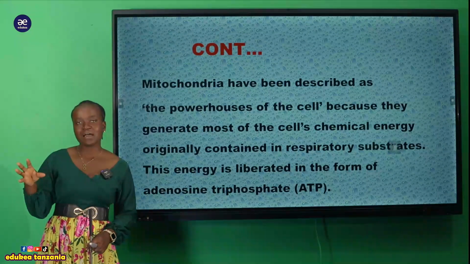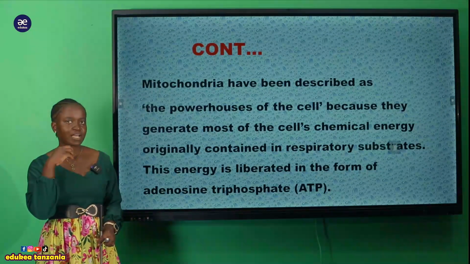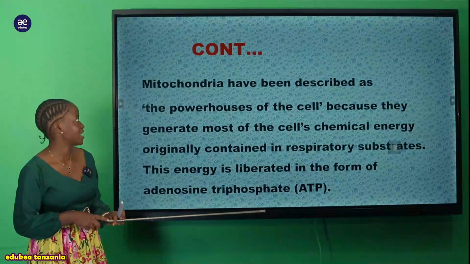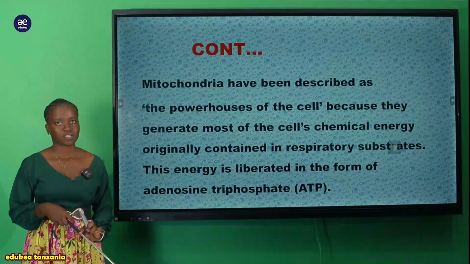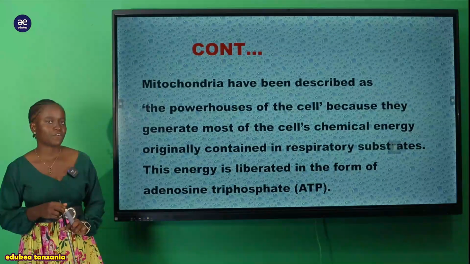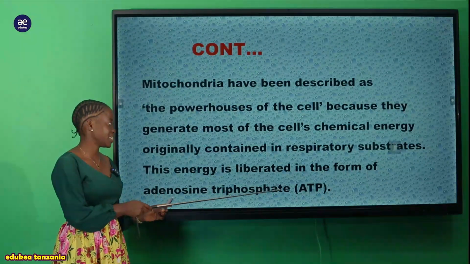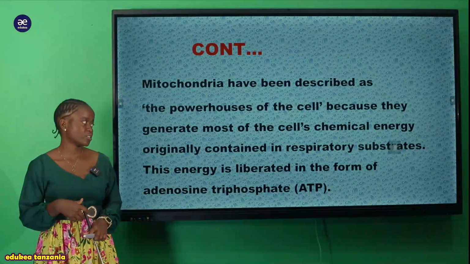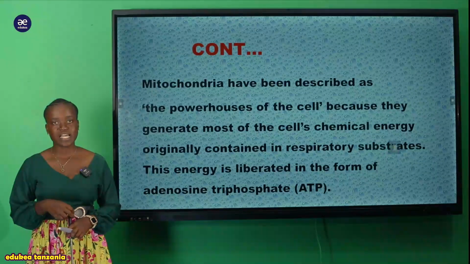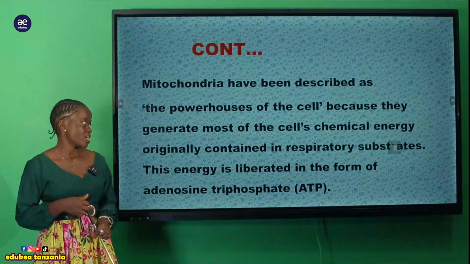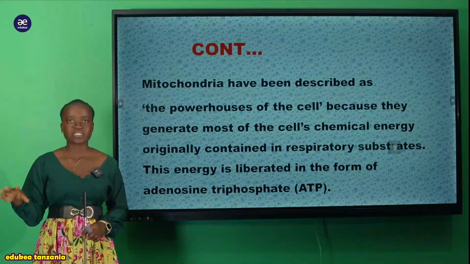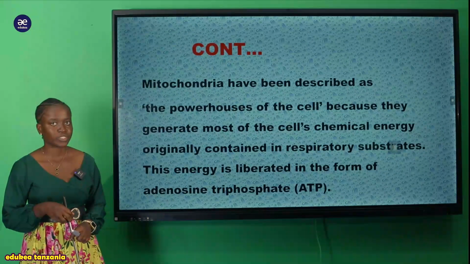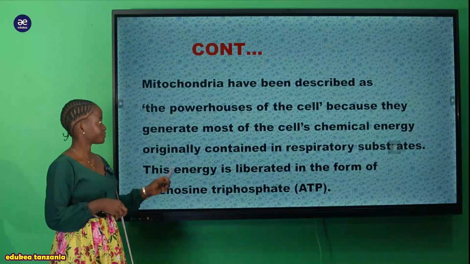So ile energy ambayo inatengenezwa na ile mitochondria, it is called adenosine triphosphate, ambayo it is abbreviated as ATP. So if you see ATP, it means adenosine triphosphate. So this energy ndio ambayo inatumika sana kwenye different activities within the body.